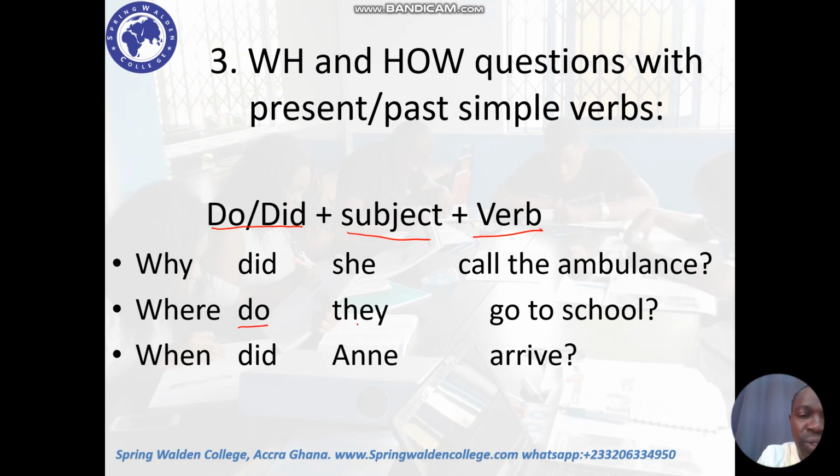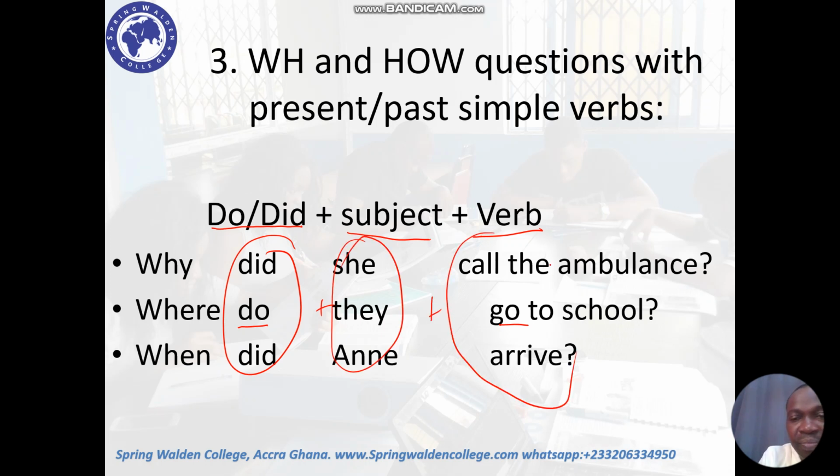Where do they go to school? When did Anne arrive? So the auxiliary plus the subject plus the main verb. Always you can see that we have our WH question word at the beginning of the question.